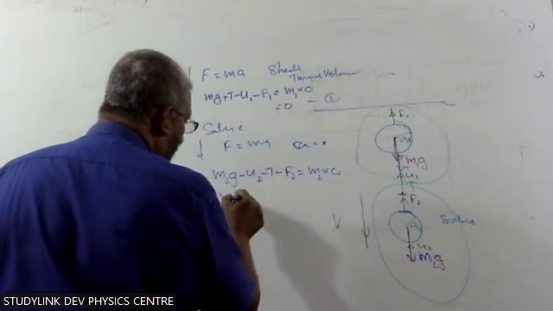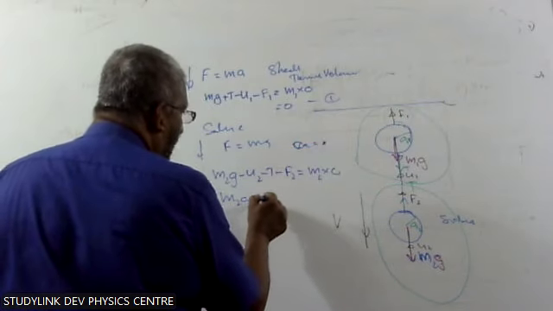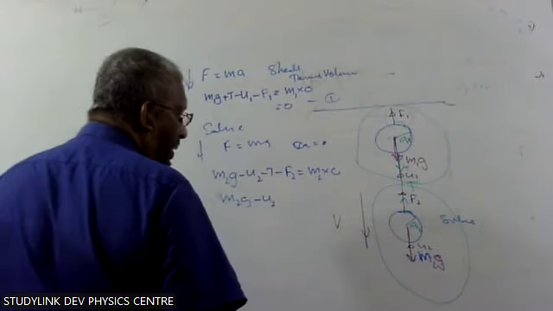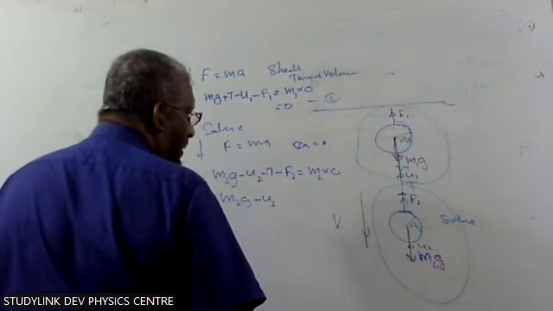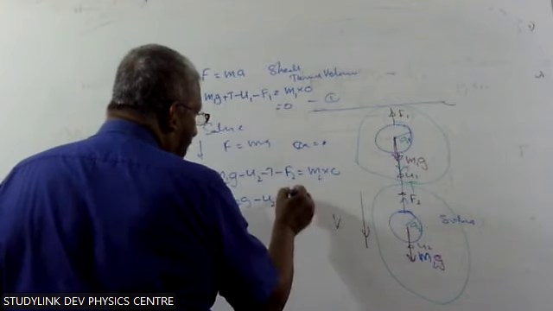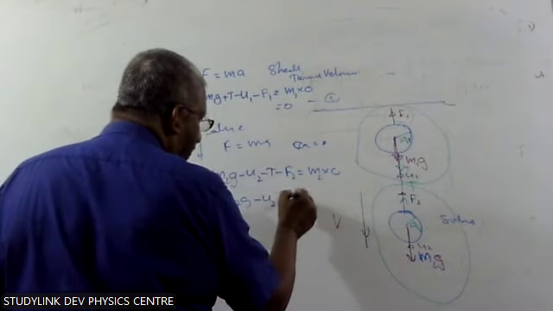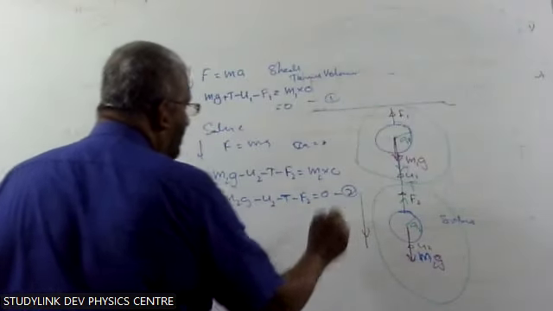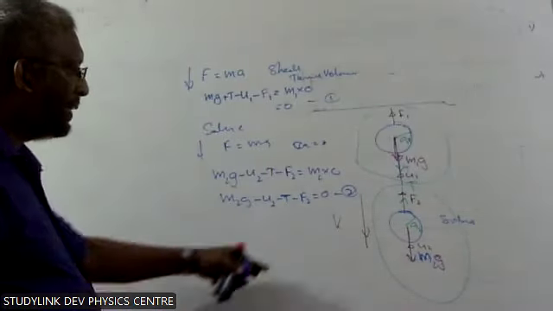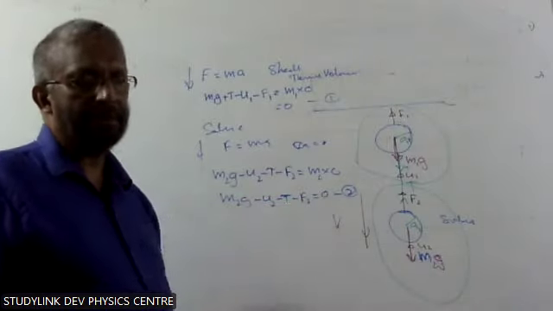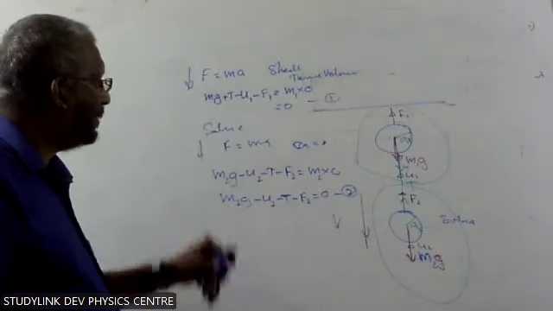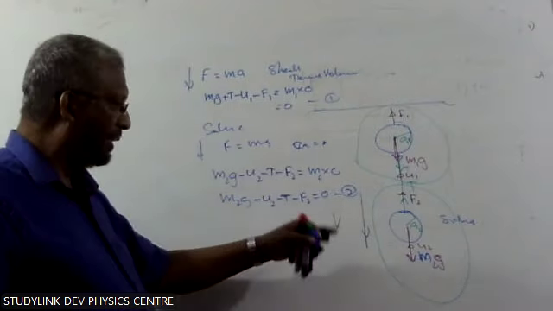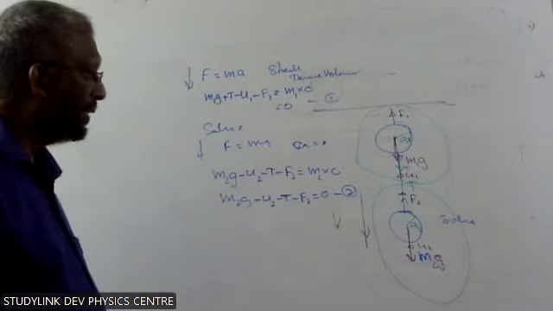So therefore, M2G minus U2 minus T minus F2 is equal to 0. Second one. These are written according to the mechanics. Application of F equals ma, that is also mechanics. Write the equation also from mechanics.